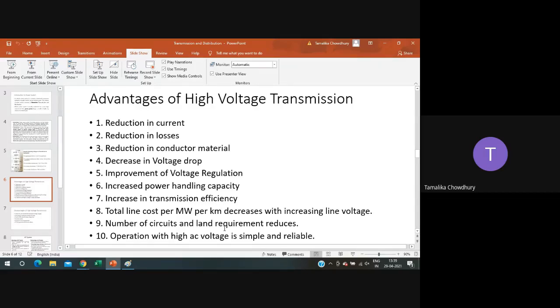Yes, correct. So efficiency here in the seventh point, increasing transmission efficiency. Transmission efficiency is given as line efficiency because it is the transmission line. So line efficiency is actually given by output divided by input, and it has a certain derivation of formula also. We determine the output power's expression, we determine the input power's expression, and we find the line efficiency.